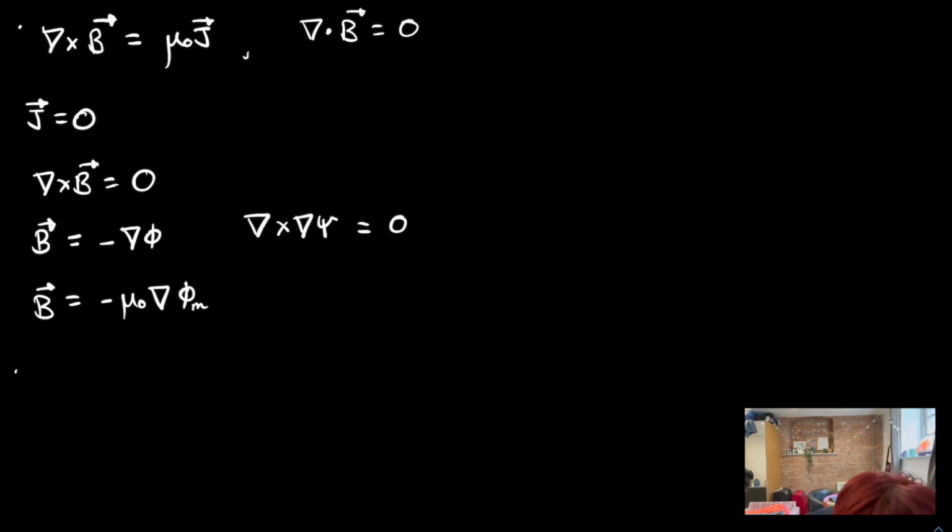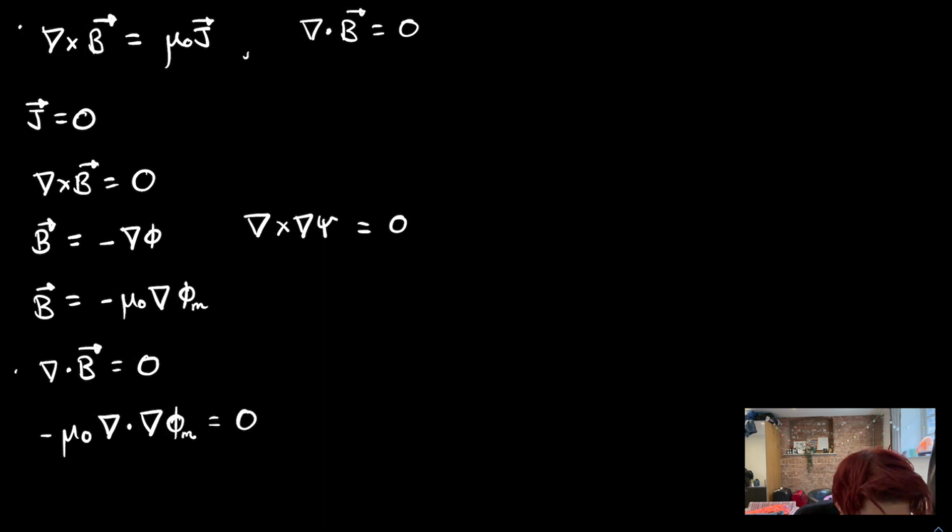And also we can say that the divergence of B is equal to 0. So if we insert our form for B, we get minus mu naught times the divergence of the gradient of the magnetic potential is equal to 0 as well. And so the Laplacian of this potential is equal to 0.